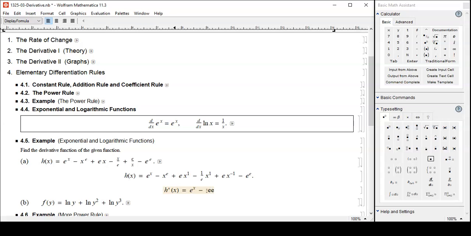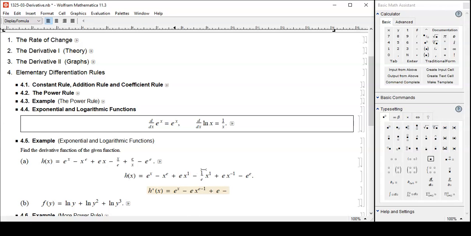Power comes out, and x to the, now subtract 1 from the power, e minus 1 power. Does it make sense? Power rule here. Now this too is a power rule. 1e times x to the 0 power, but of course nobody writes like this. Just e.